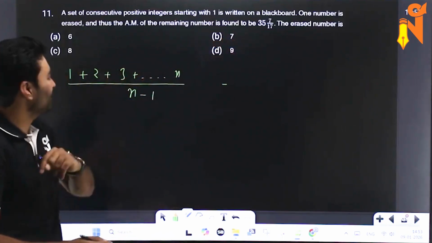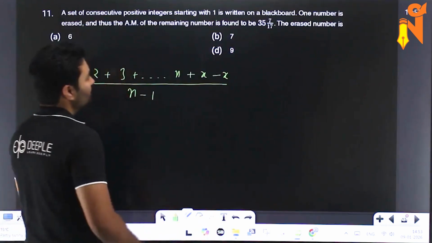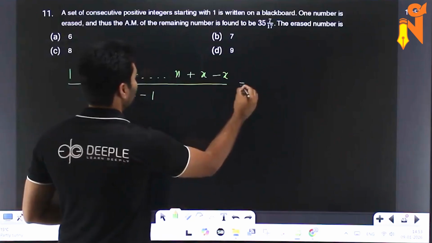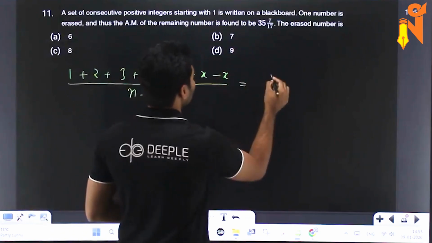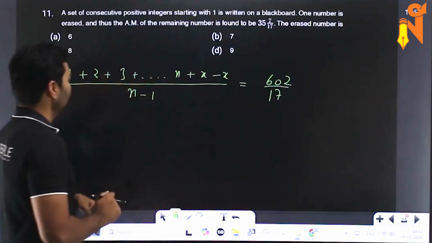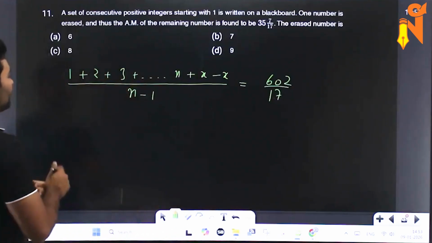Now because I want to use the AM, the AM is equal to 602 by 17. Please check the number. So basically it's a formula.